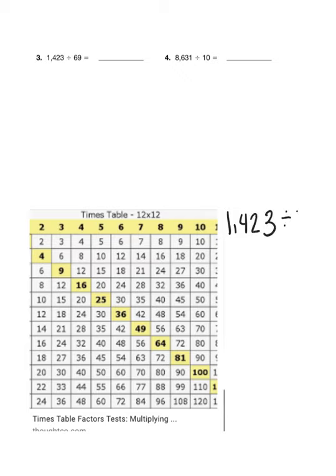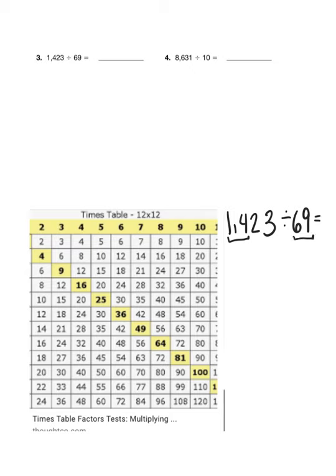Number 3, 1,423 divided by 69. So now we're getting bigger numbers, right? Our dividend is getting all the way up into the 4-digit numbers, and our divisors are 2-digit numbers because that's what we're studying this week. So don't be intimidated by that.